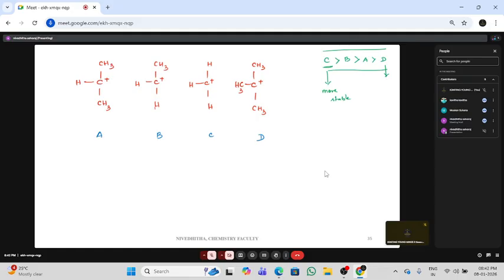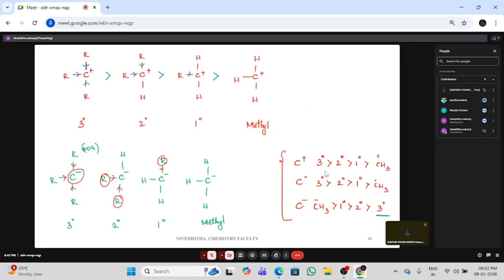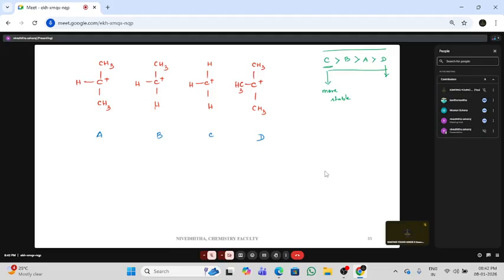I've given you already: primary, secondary, tertiary, methyl. First, tertiary. So as far as carbocation is concerned, the order is tertiary, secondary, primary, and methyl.